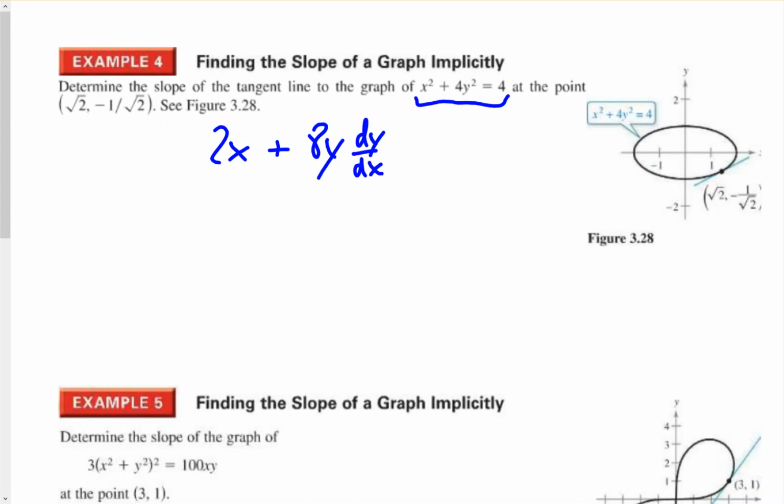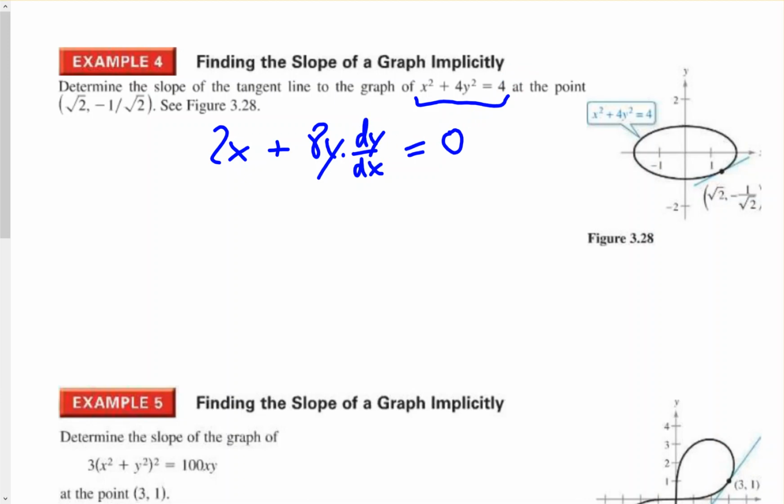Okay, so remember, anytime you take the derivative of a non-x term, you're going to end up multiplying by dy/dx at the end of it. Okay, and then here, this is just a constant. Derivative of the constant, you guys know, is 0. Okay, so now solve this for dy/dx.